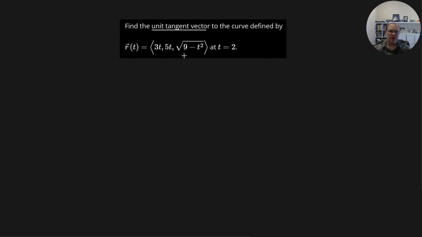But sometimes we just care about the shape of the tangent curve, not how fast the particle would move along it. When we want to focus on just the shape of the tangent curve, we only care about the direction a tangent vector is pointing, not the length.